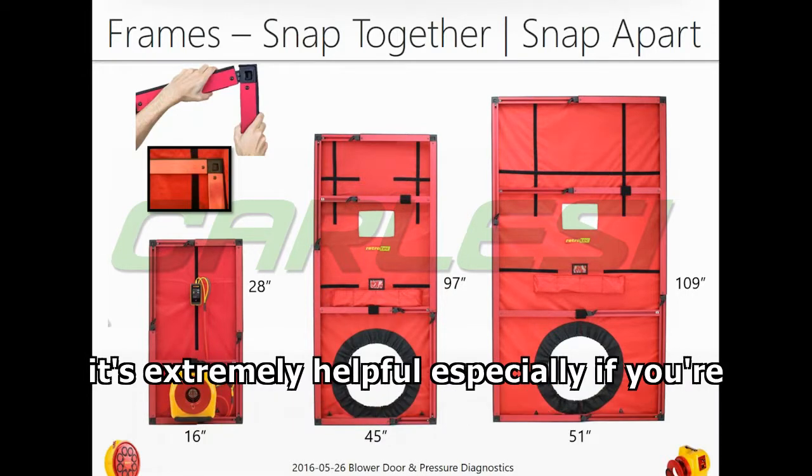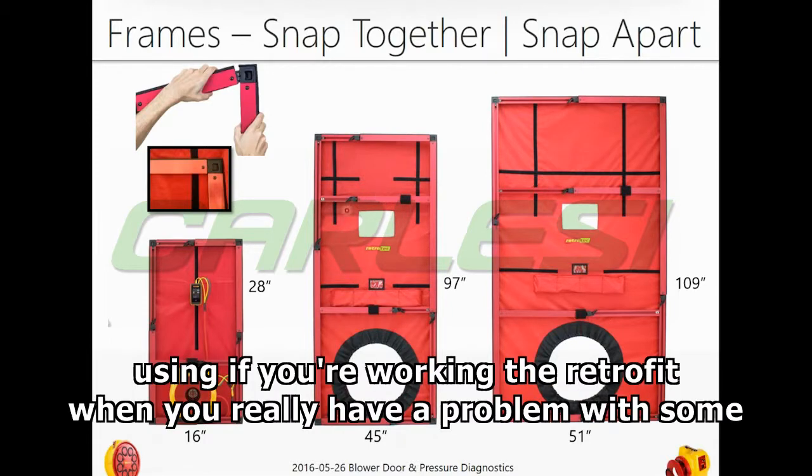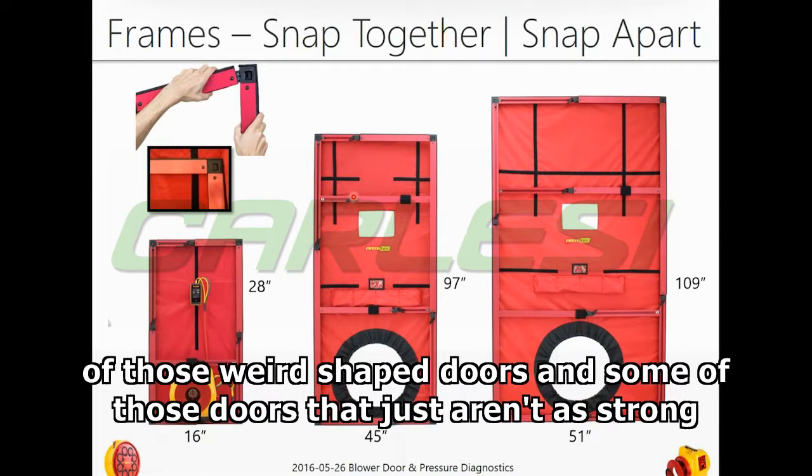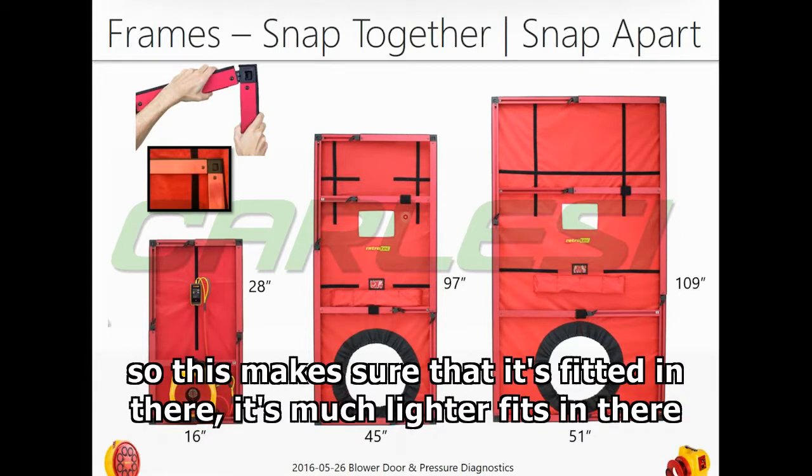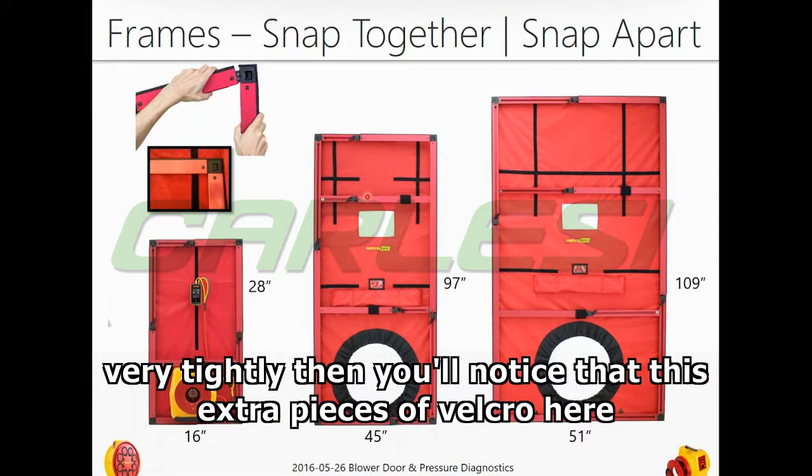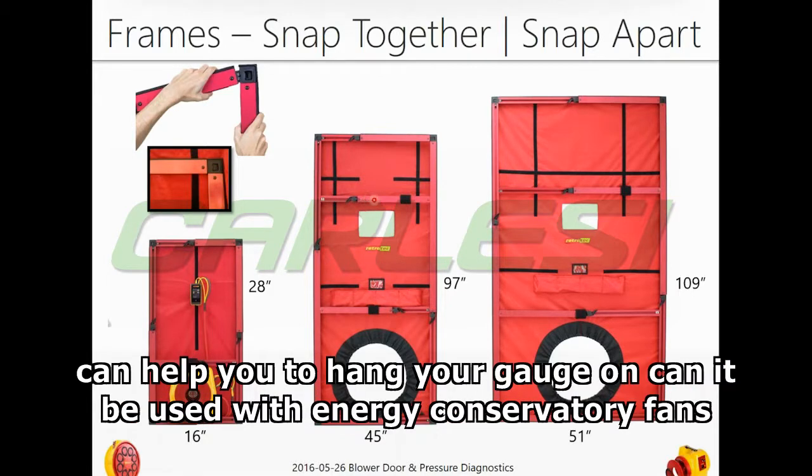Well, I think it's extremely helpful, especially if you're working in retrofit, when you really have a problem with some of those weird shaped doors and some of those doors that just aren't as strong. This makes sure that it fits in there very, very tightly. And you'll notice that this extra piece of Velcro here can help you hang your gauge on.